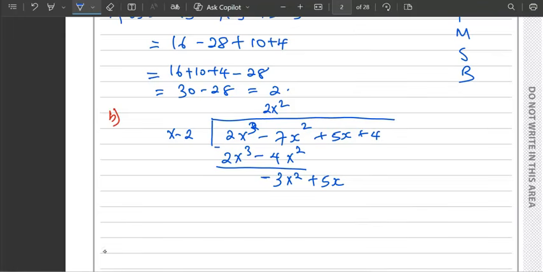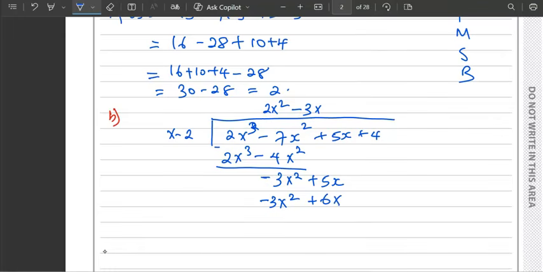So this one will be minus 3x. Minus 3x times x is just the same as minus 3x squared. Minus 3x times negative 2 is the same as positive 6x.